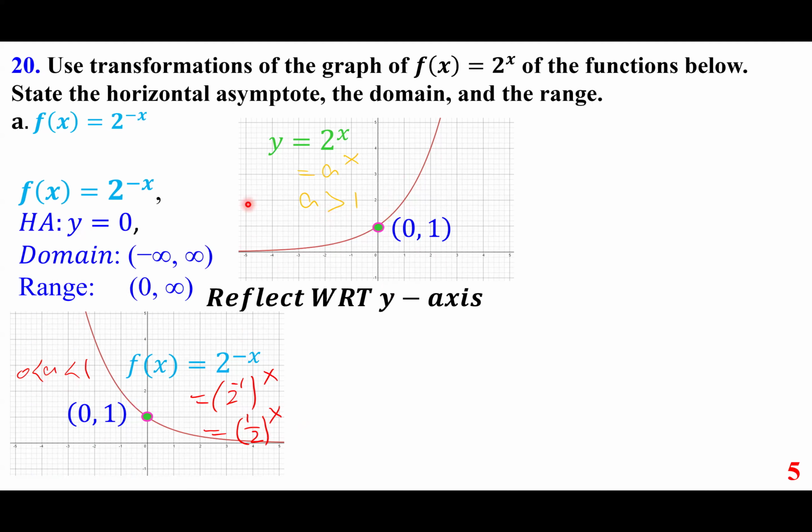Back to this one. Domain is all real numbers from negative to positive infinity. Remember, domain means try to break it along the x-axis. The same thing. This one and this one have the same domain. Range for this one from 0 to infinity. Break it along the y-axis. The same thing. The same range. The difference is this is an increasing function.